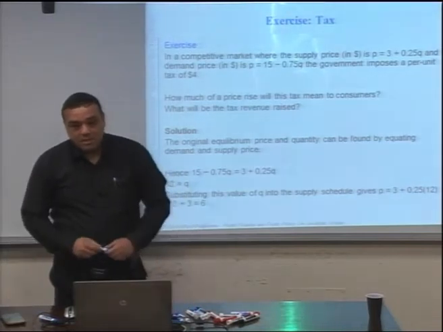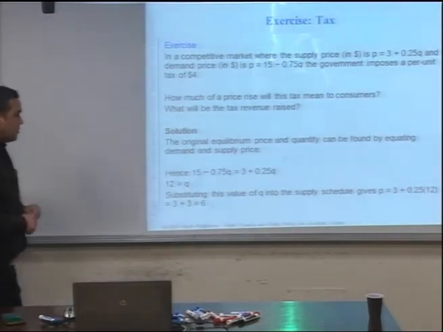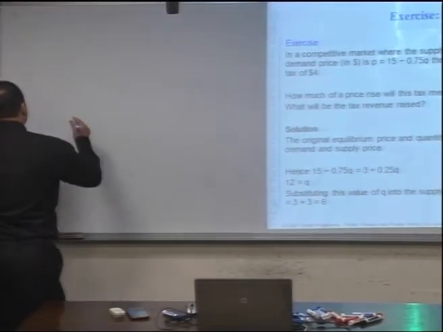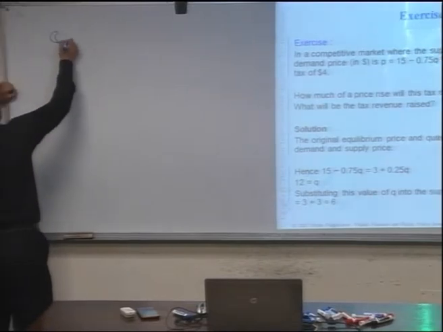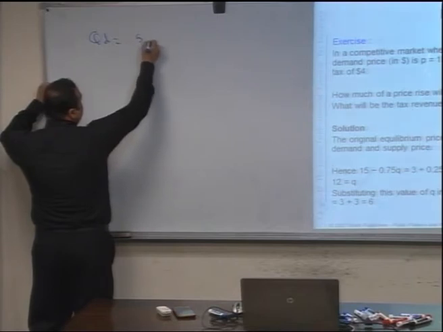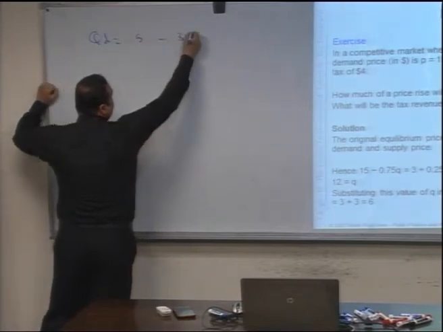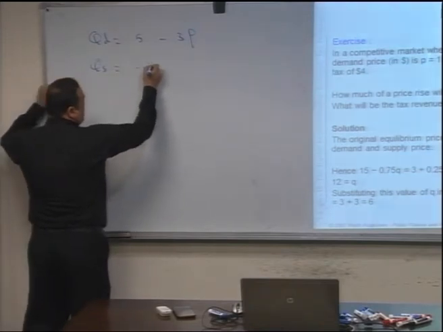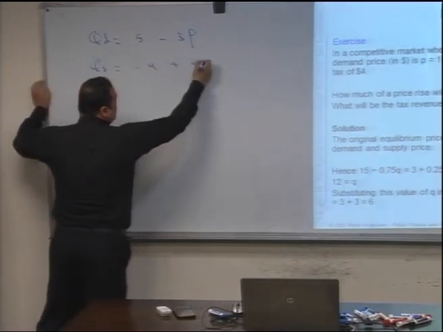In the last class, we determined the equilibrium using the demand curve. Let us assume that QD equals 5 minus 3P and QS equals minus 4 plus 2P.